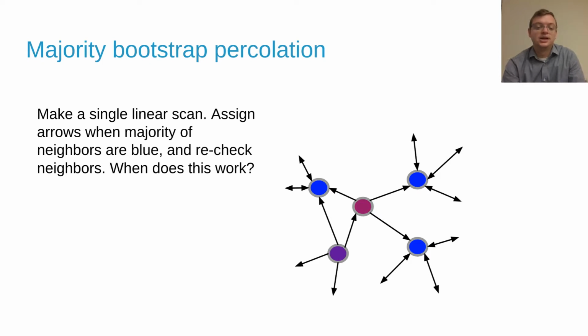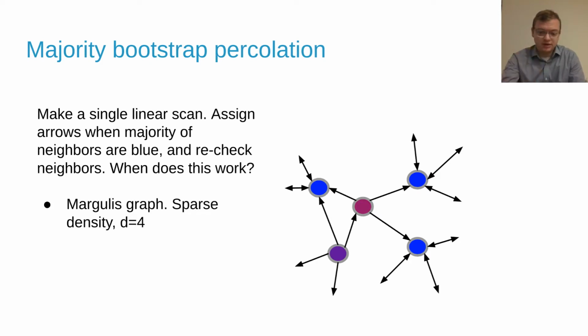So this algorithm is guaranteed to work and run in linear time if it terminates. When does it terminate? We can give an answer in two cases. One is if the density is super sparse, less than any constant, but not negligible, like e to the negative log n over log n or something.